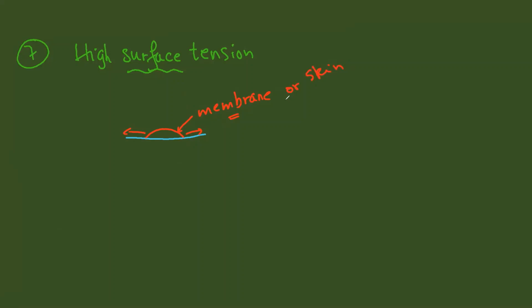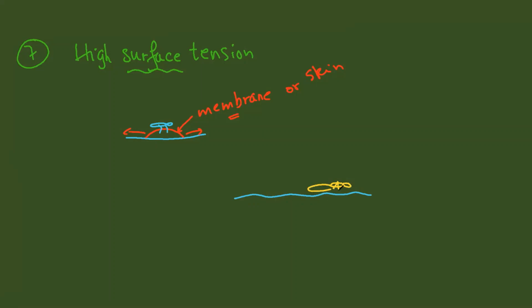Do you know that in lakes or ponds there are insects that can stand on the surface of water? For example, mosquitoes, pond skaters. Yes, the pond skater or the mosquito can stand. The mosquito spends most of its life on water.